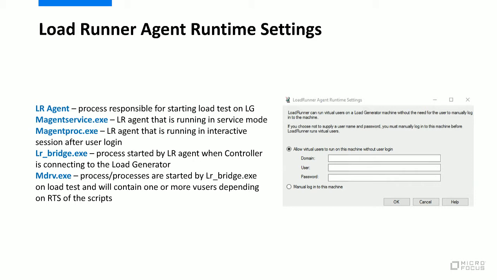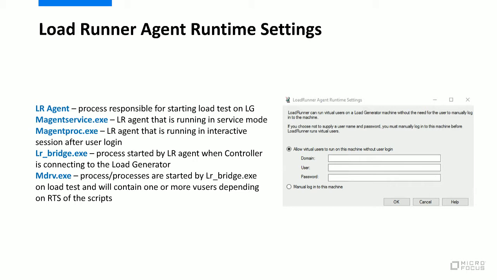mAgentProc.exe is the LoadRunner agent that is running as a process in an interactive session after user login. So this process is starting only when a user logs into the load generator machine. LRBridge.exe is the process that is started by a LoadRunner agent when controller is connecting to the load generator.